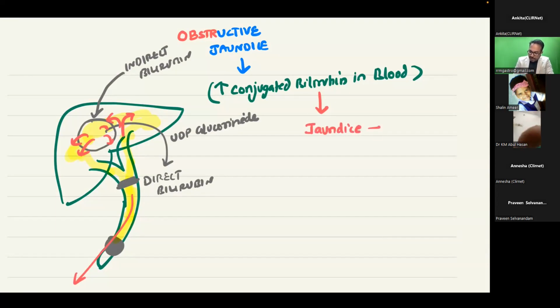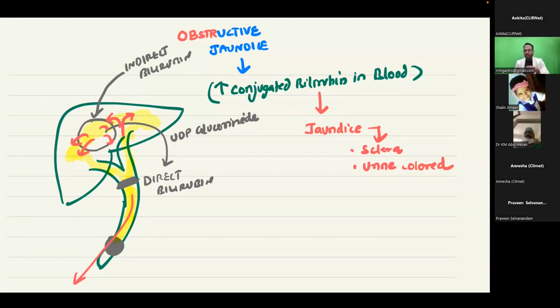Jaundice means deposition of bile in the sclera of the eyes. You can see the urine getting colored. Urine is highly colored because the bilirubin is secreted from the circulation into the urine. The blood has high bilirubin, which goes to the kidney.